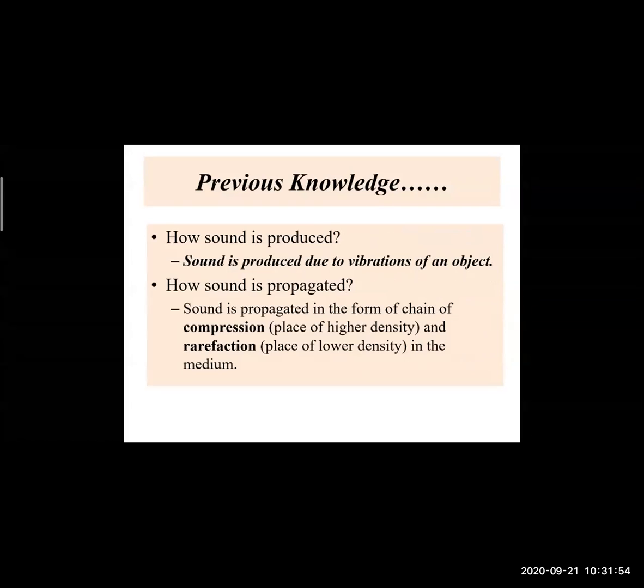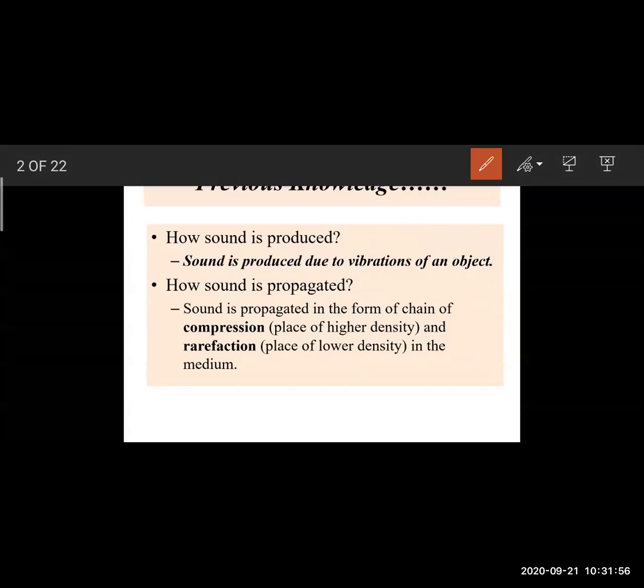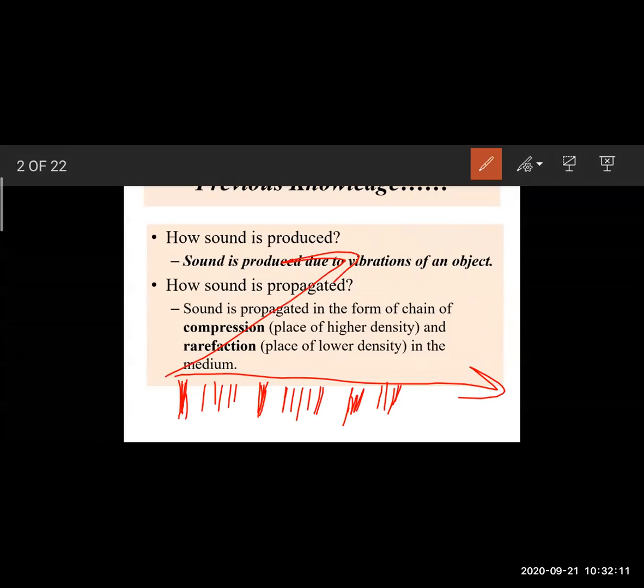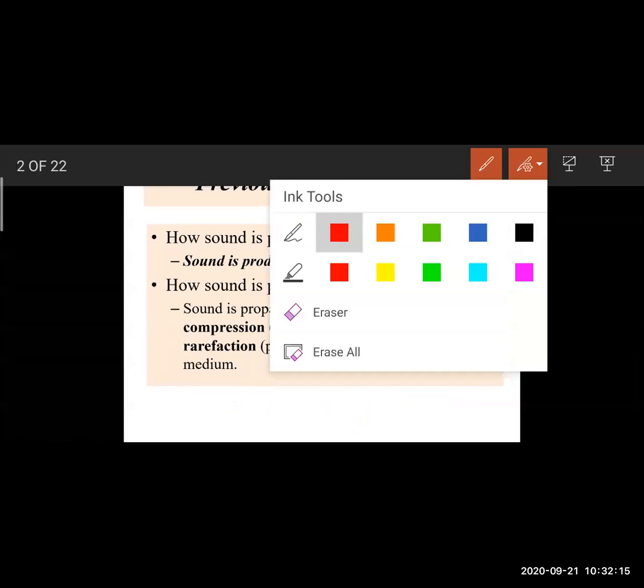In different mediums, sound is propagated in the form of compression, rarefaction, compression, rarefaction, and it can reach all the directions.